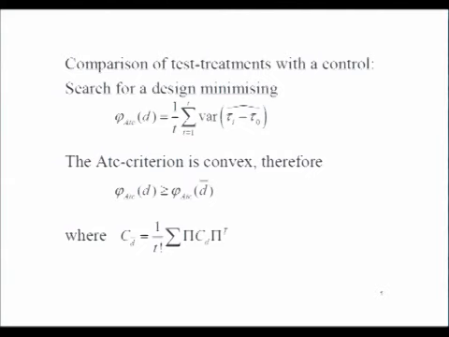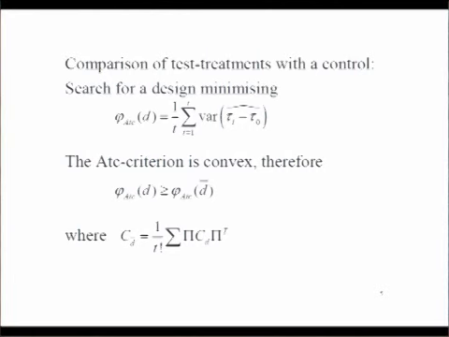And this criterion here is convex. Therefore, it performs worse than the criterion of a virtual design we might construct from our design by making it symmetric. So this is the original information matrix.